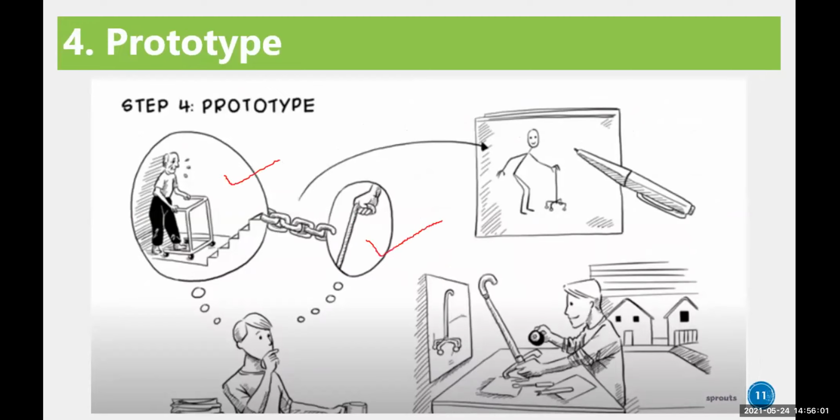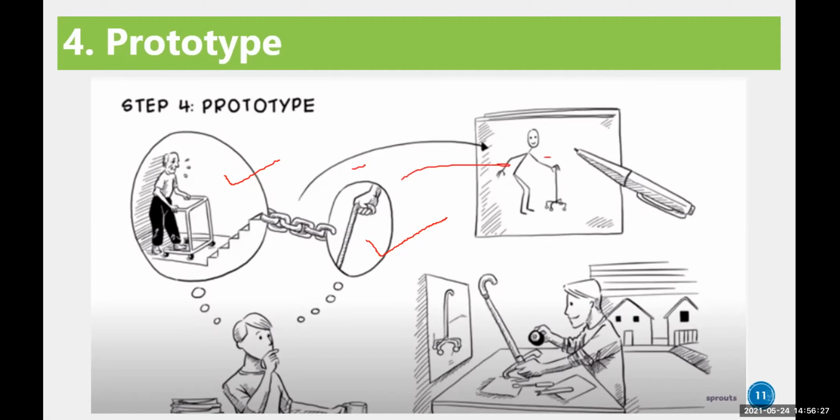So if this is the existing solution of a walking cane, you have to sort of fit your new solution around that. So you can link them together, right? And try to develop something which is already existing by improvising on it, right? So maybe linking these two, you come up with this, right?